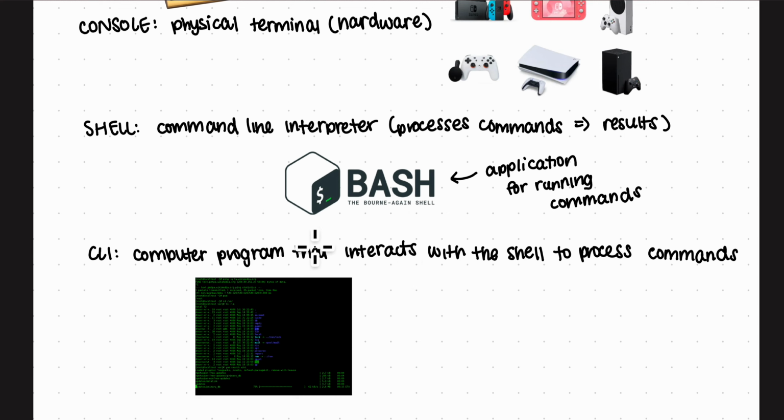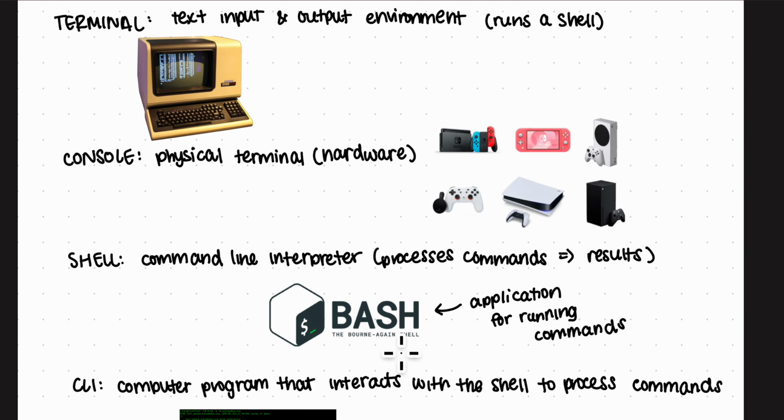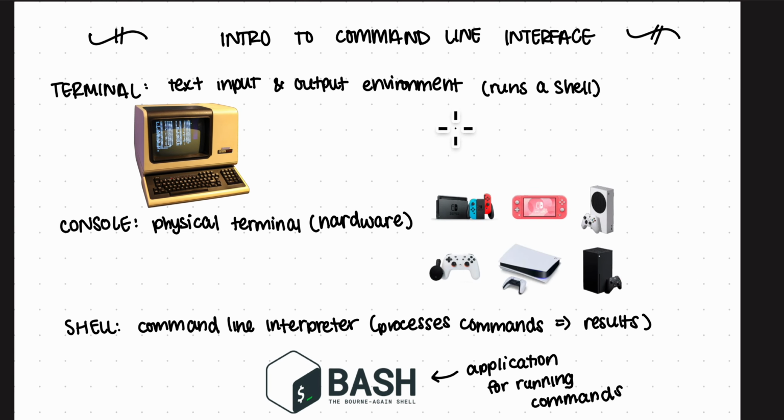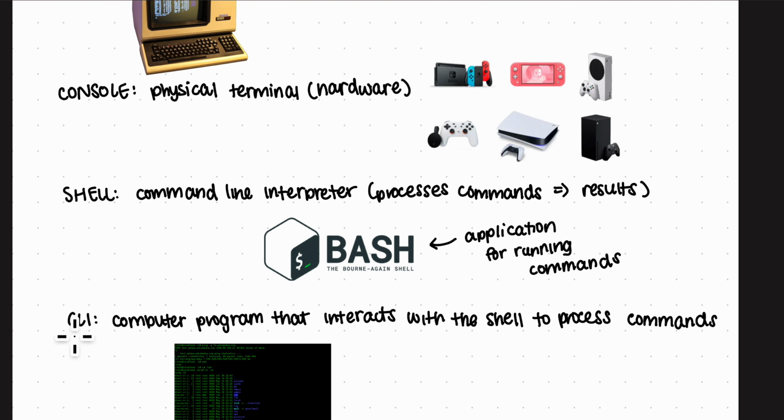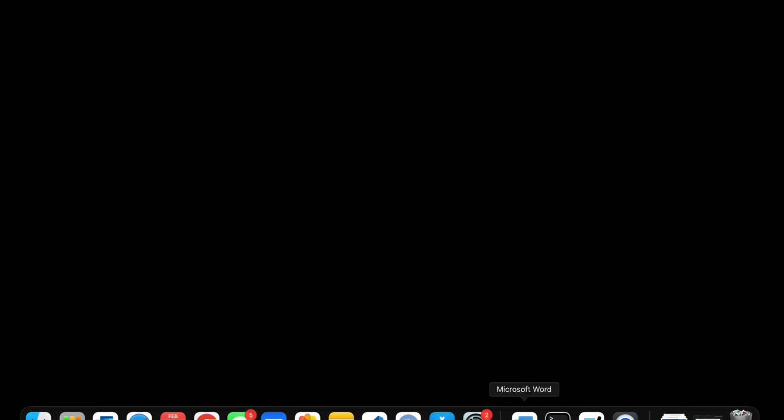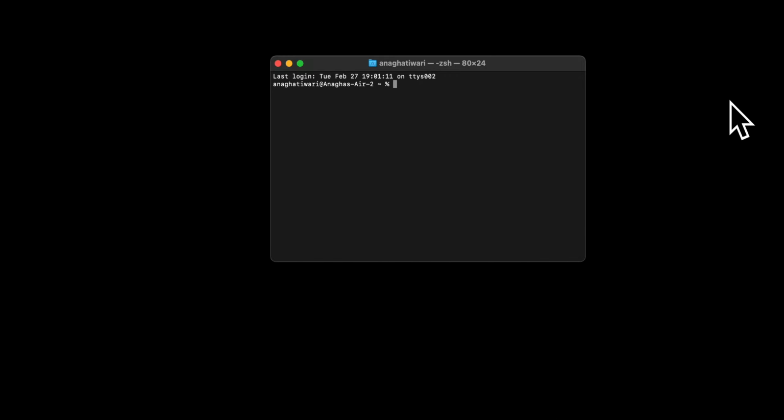This is the interface that runs the shell application and outputs the commands that the user wants to run. So that's pretty much it for the vocab, and today we'll be learning how to use the command line interface on our computers so that we can run popular and helpful commands.